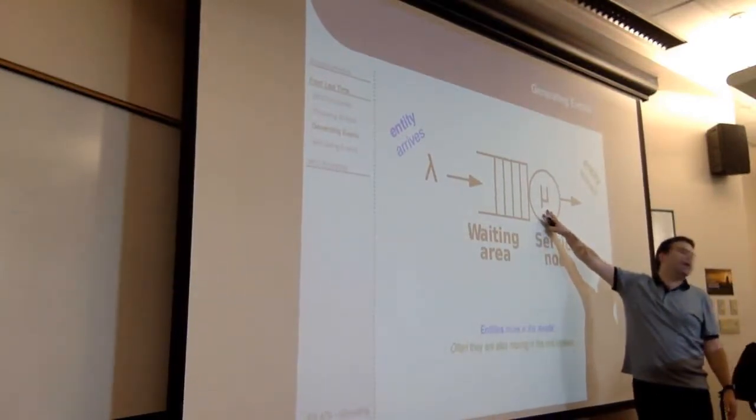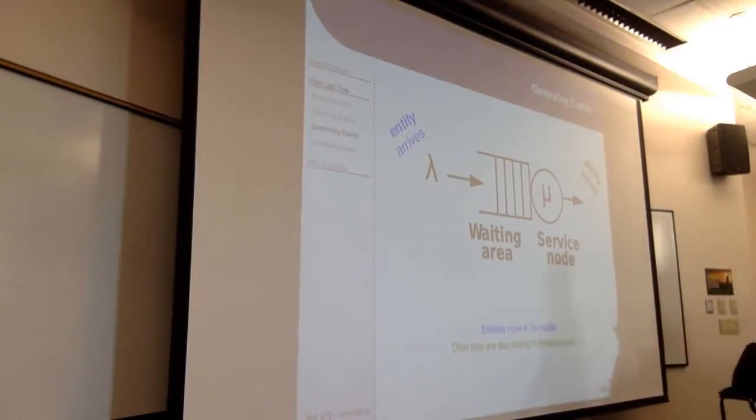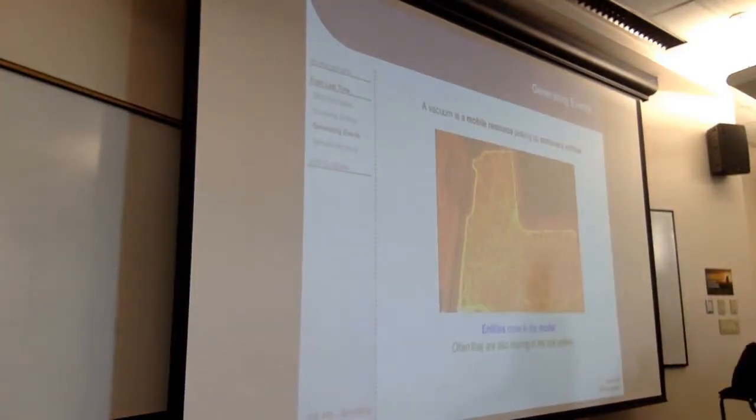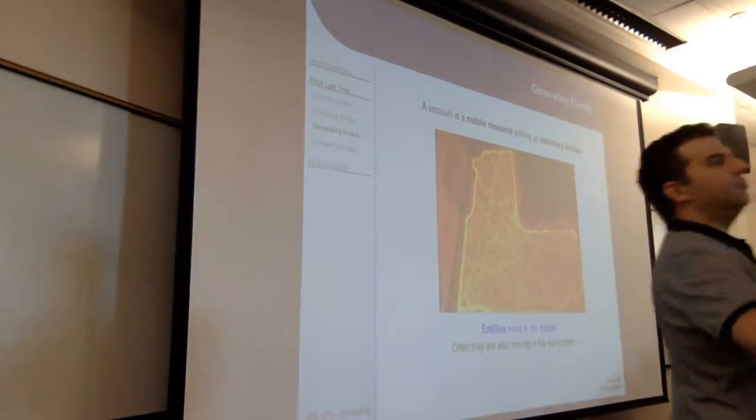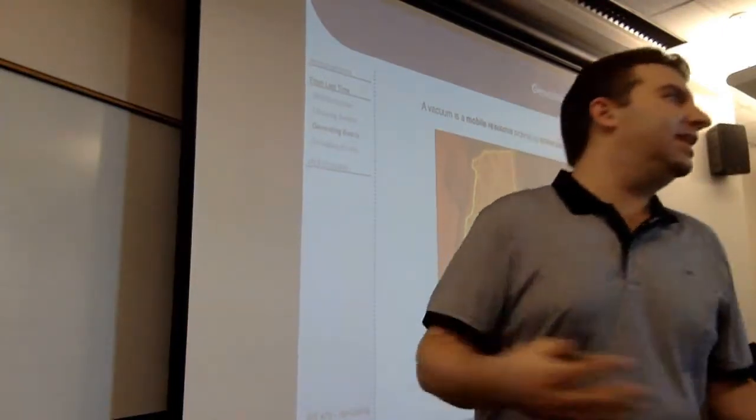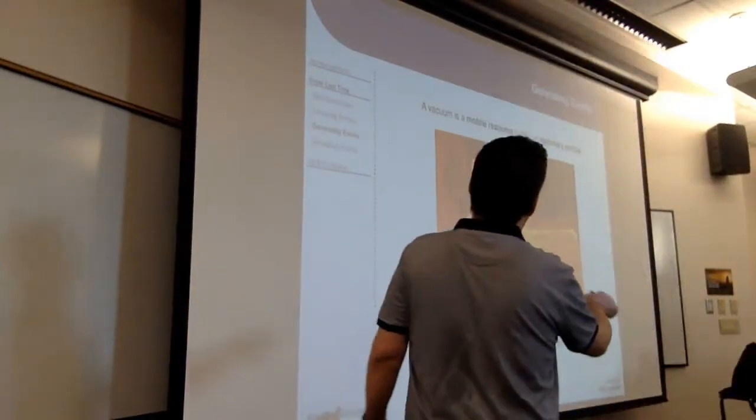But there are other cases, and I gave this kind of cute example of a vacuum cleaner, where the vacuum cleaner is a limited resource. There's only one of them, and it's moving. But it's randomly encountering things as it moves. And so it's really the entities that we're interested in, like how long until this region of the floor gets clean?